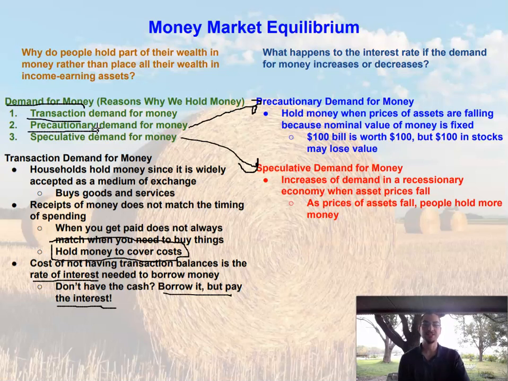And then the last aspect is the speculative demand for money. If we get into a recessionary economy and we're worried about asset prices falling, we are actually going to retain more money. It doesn't make sense to place that money in assets when we're worried about the prices falling.